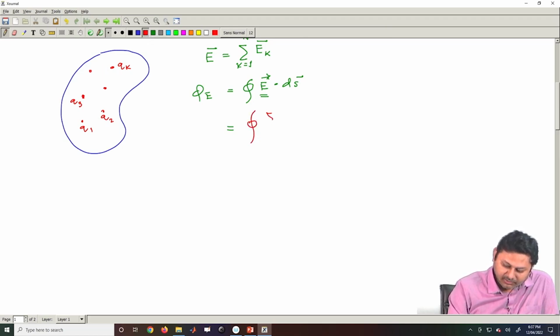So, it should be the summation of E k, with k going from 1 to n, dot ds.